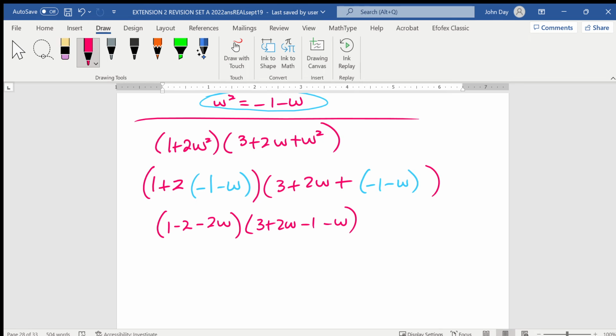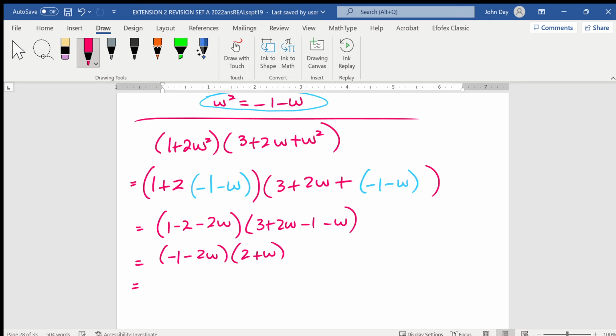So if I simplify that down, I get minus 1 minus 2w, and I get 2 plus w. All right, so that's what the original is equaling so far.